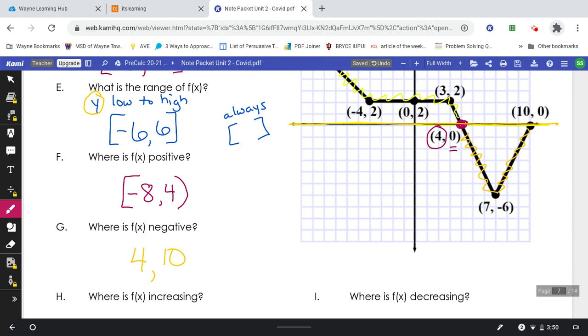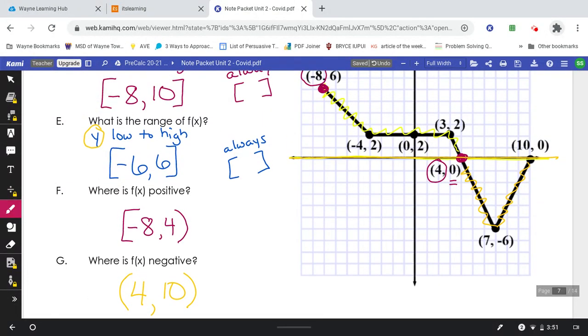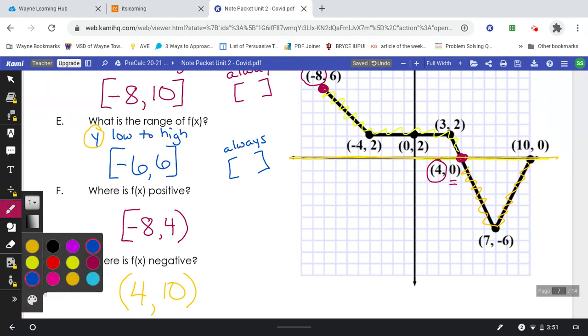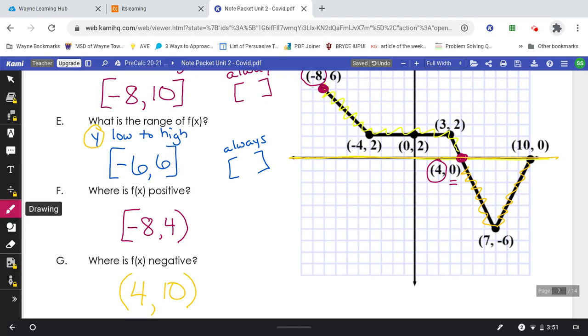But 4 is paired with a 0, which means it's not included as part of your negative answer. Same with the 10. It's paired with a 0. So to simplify it, anytime you have a number, a dot that is above or below, it gets a bracket. Anytime you have something that's on the line, it'll get a parenthesis.